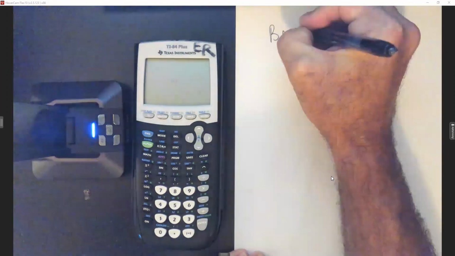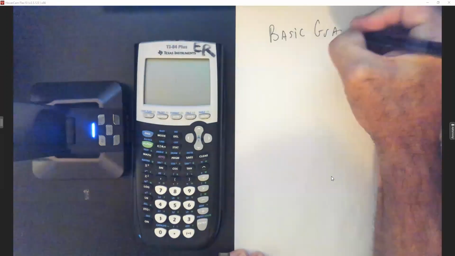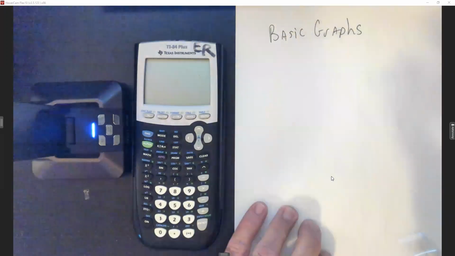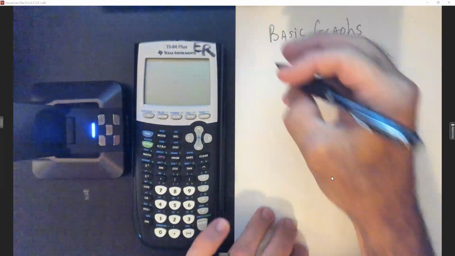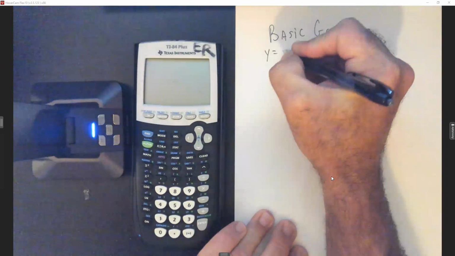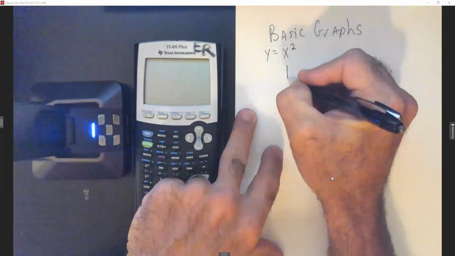So here's something y'all would want for this test: some of these basic graphs, because that's what them graphs are all going to start as. And the ones I'm using on the test was like the y equals x squared graph.